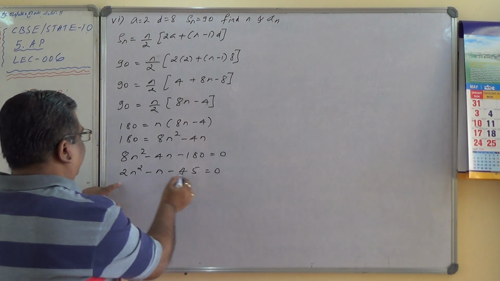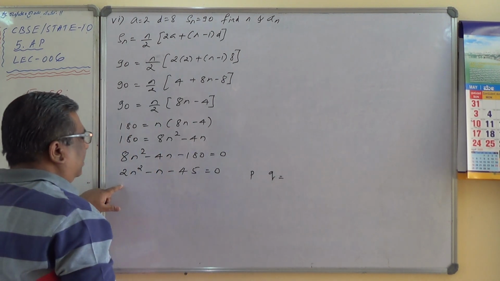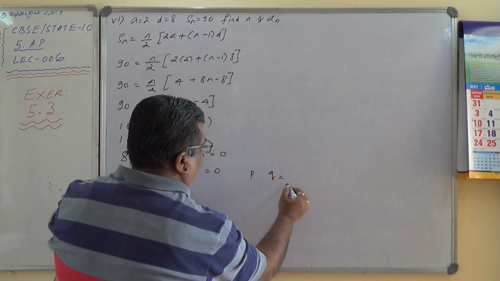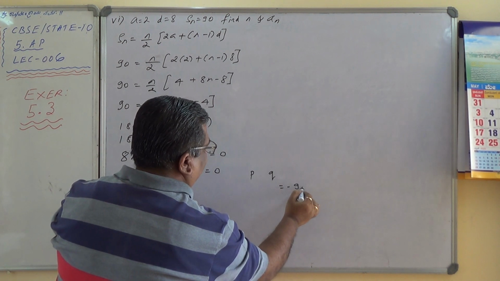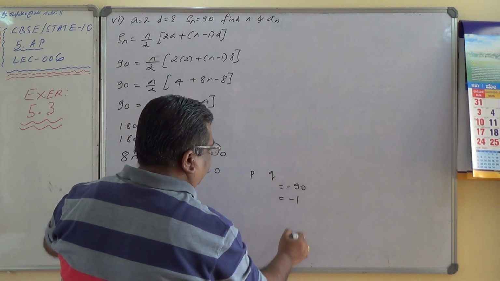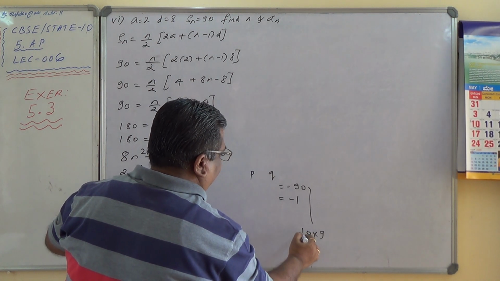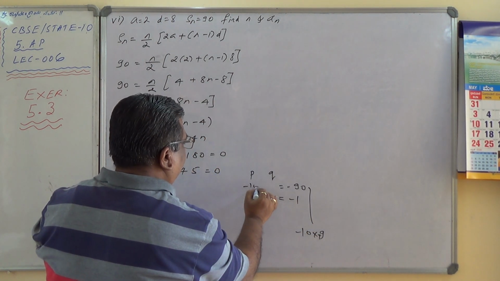I require two numbers, p and q, whose product is 2 into 45, which is 90, and whose sum is minus 1. Split 90 as 10 into 9: minus 10 plus 9.